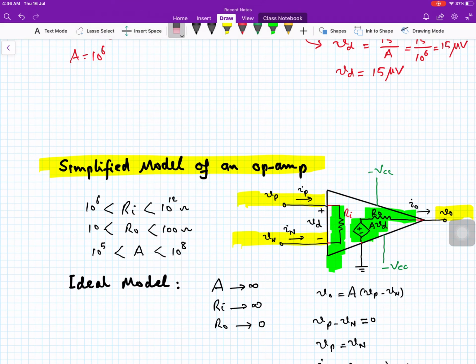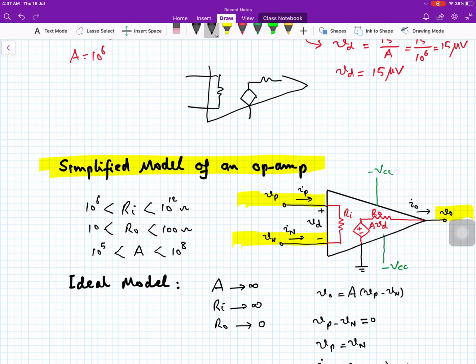As if we have a dependent voltage source and a resistance RO and this resistance RI. It does not mean that if we take just one resistance and another resistance over here and a dependent voltage source, with these three circuit elements we can construct an operational amplifier.